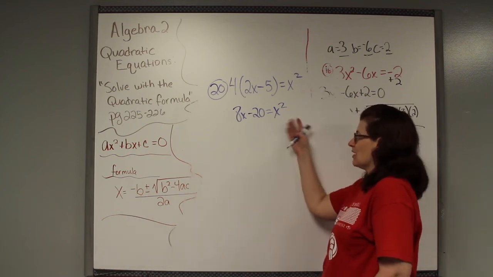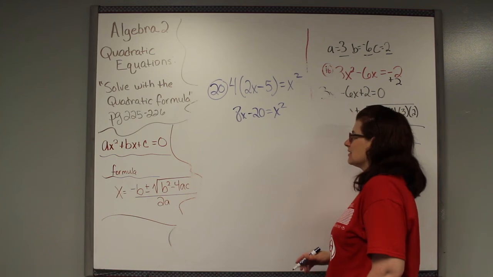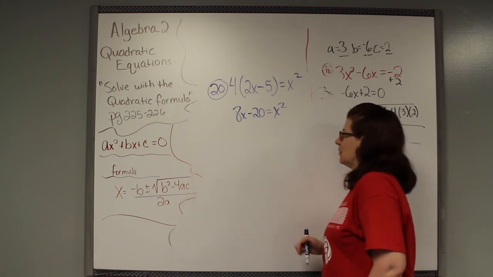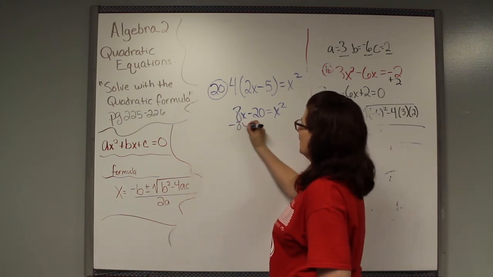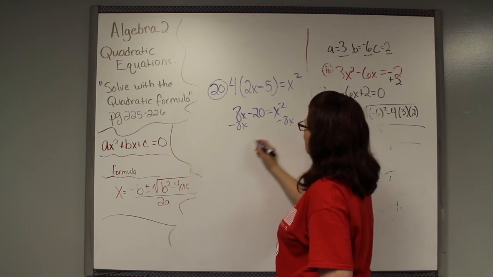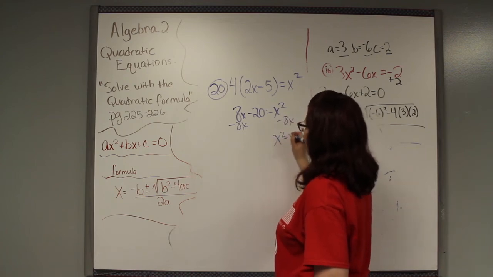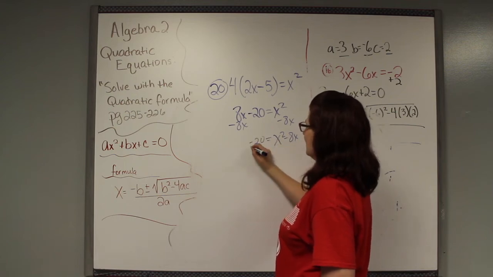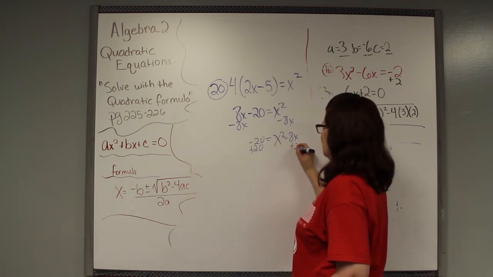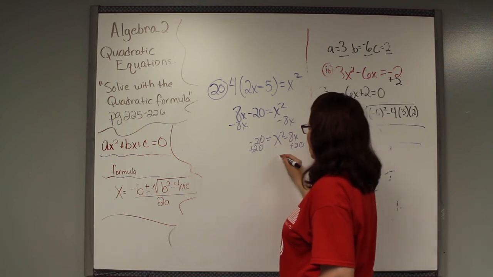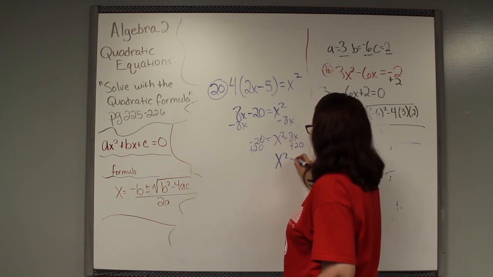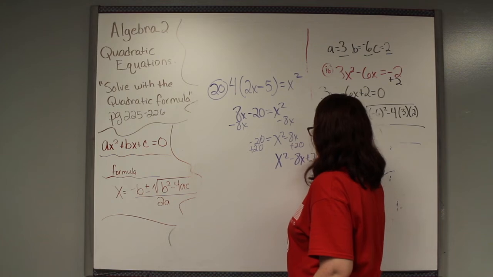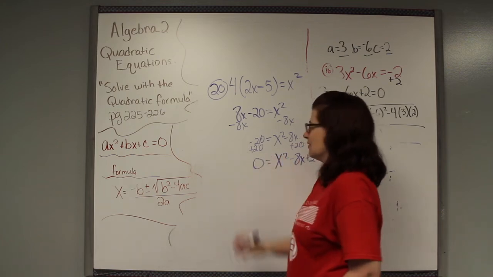I'm going to move everything over here so that x squared stays positive, and then I'm just going to flip it. So -8x, so that leaves x squared minus 8x over here equals -20. And I'm going to add 20, and I get x squared minus 8x plus 20 over here equals 0.